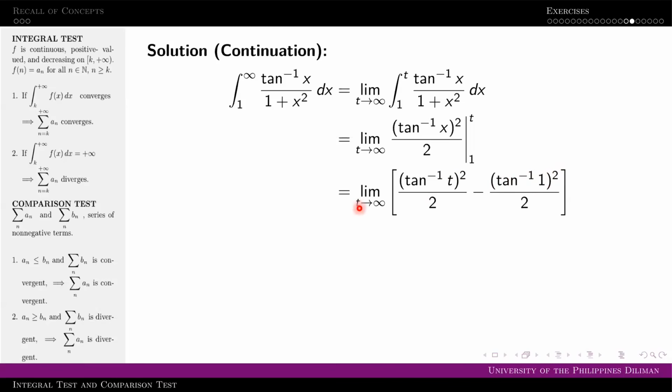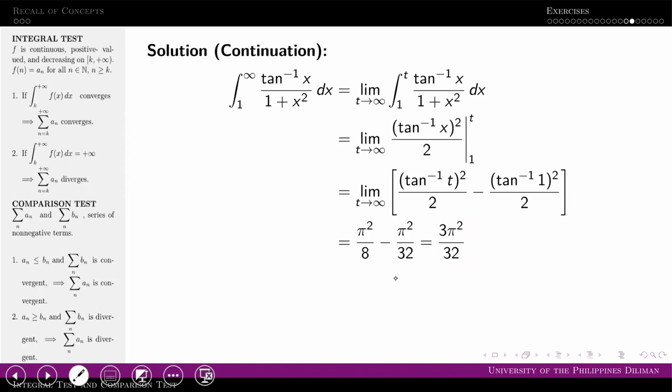If we approach t towards infinity, tangent inverse ni t would become pi over 2. Squaring that, you get pi squared over 4 divided by 2 is pi squared over 8. Ito yon. Tapos, tangent inverse of 1 ay pi over 4. Squaring that will give you pi squared over 16 divided by 2 is pi squared over 32. So finally, our improper integral would just be equal to 3 pi squared over 32.